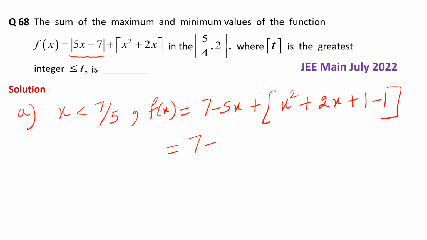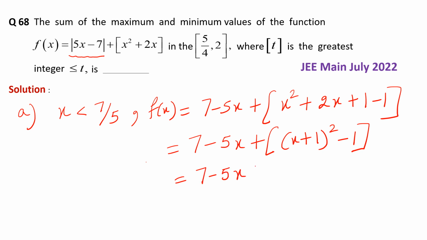Now this further becomes equal to 7 - 5x + [(x + 1)² - 1]. Now by using the property of the greatest integer function, we can further write this as 7 - 5x + [(x + 1)²] and then minus 1 outside the greatest integer function, right?